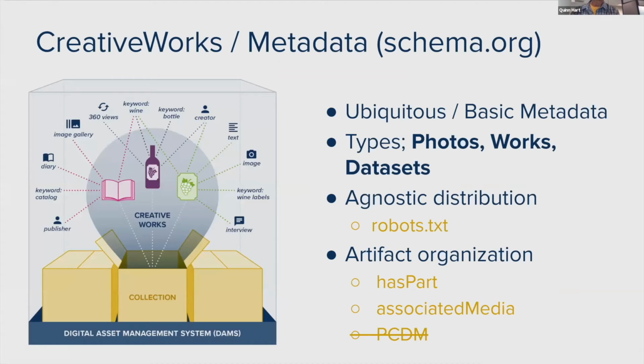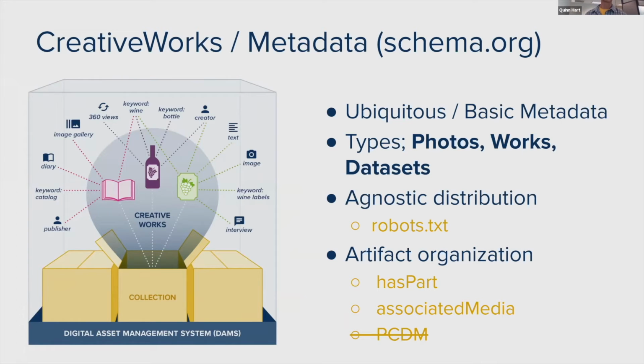First of all, to describe our system, it's primarily unique items within the special collections here. We use schema.org as our metadata standard for representing those. We like that a lot. It's very ubiquitous and very basic.